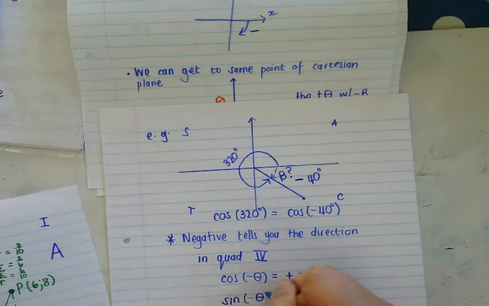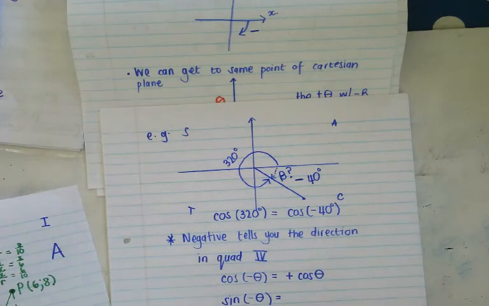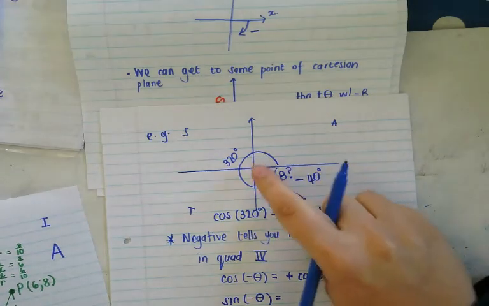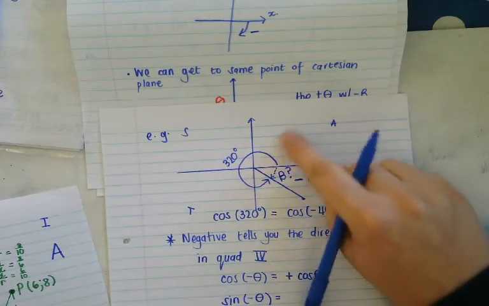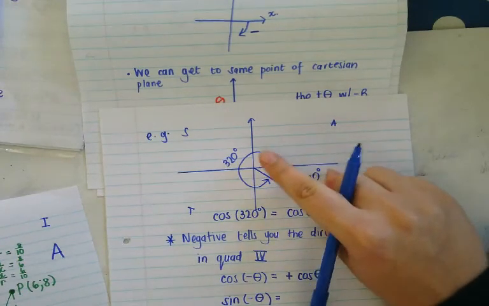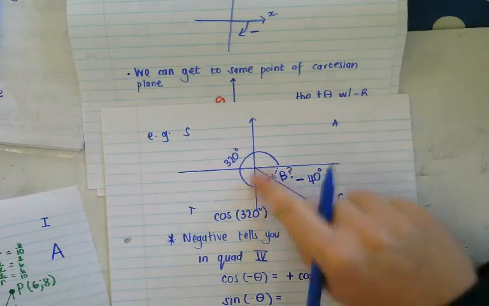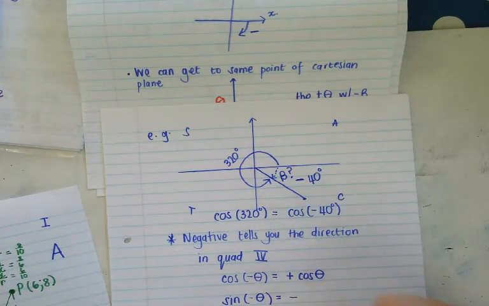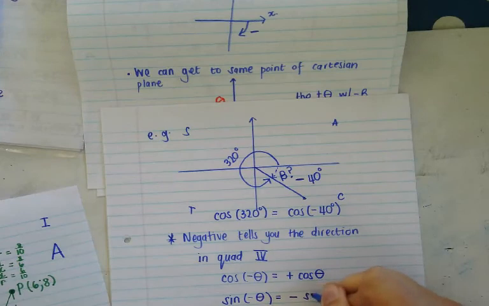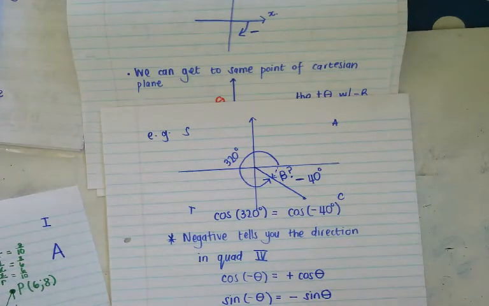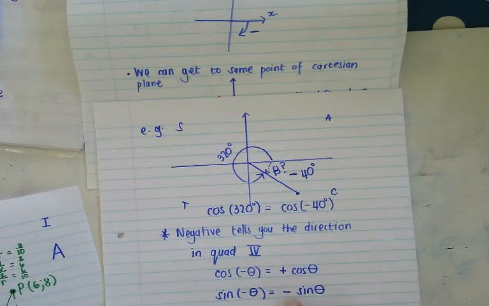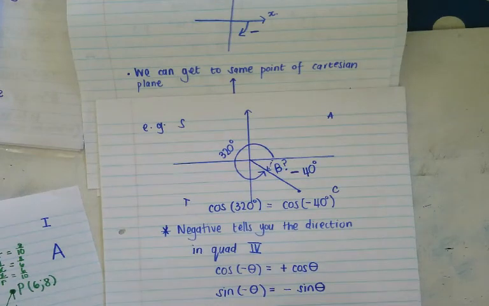Sine of negative theta, well, if I had positive sine, it would still be positive, right? If I take a negative sine, it's in my fourth quadrant, it will become negative. And I can use that exact same angle but put the negative out in front of my function. And same with tan.